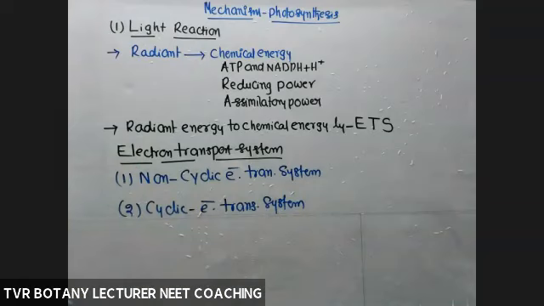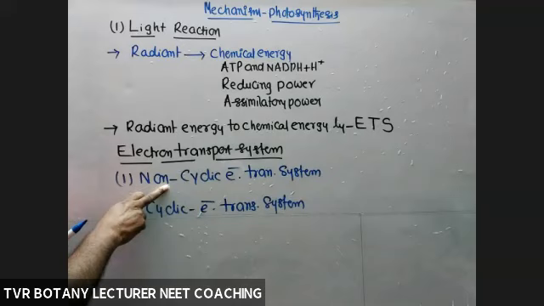These two are concerned with the conversion of sunlight into chemical energy. So the conversion of radiant energy into chemical energy takes place by means of both non-cyclic and cyclic.